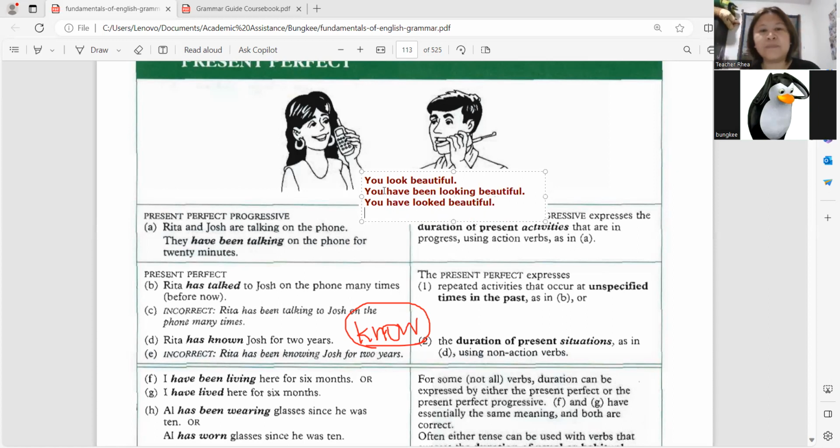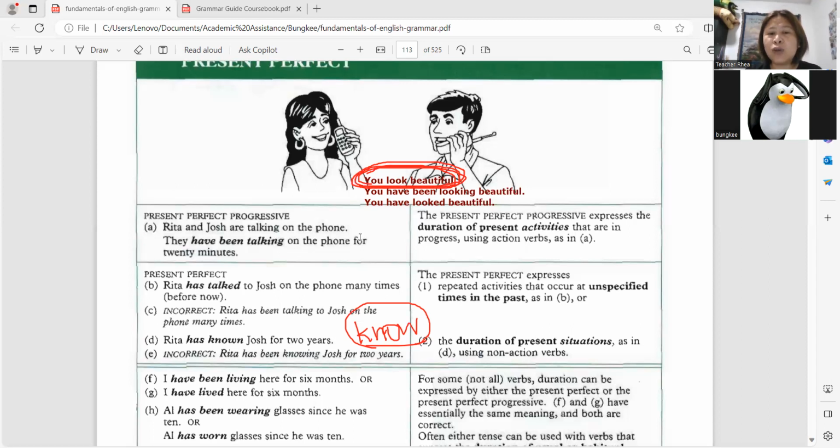Here you cannot use the present perfect or the present perfect progressive. You only use the simple present tense, because this is the sense of sight. This is how you look.